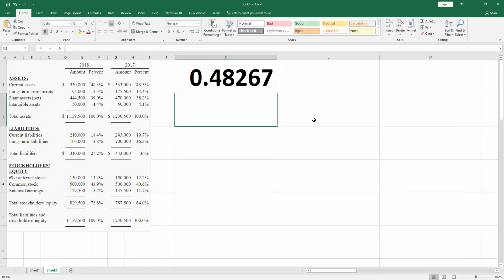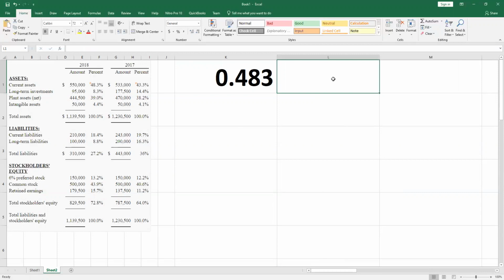This is what you get, and then we will round off. This is how you round off to 3 decimal places, and then you pick up this and multiply with 100. Again we need to round off. So you see here you get 48.3%. This is for the current assets.